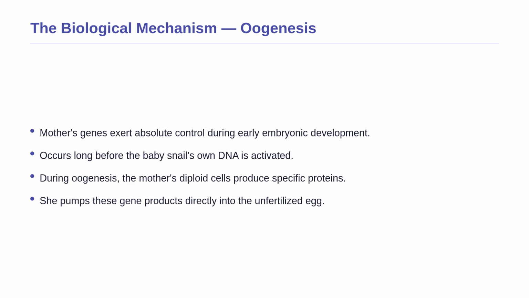While the mother is forming her eggs, a process called oogenesis, her own diploid cells produce specific proteins and messenger RNAs based on her own genotype. She pumps these gene products directly into the cytoplasm of the unfertilized egg. She's essentially stocking the kitchen with her own tools before the baby's recipe is even opened.